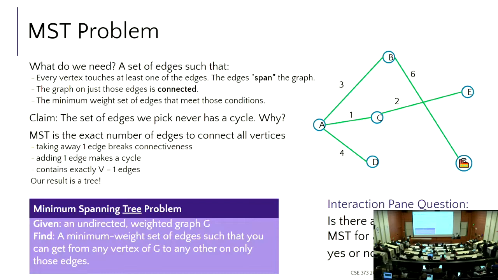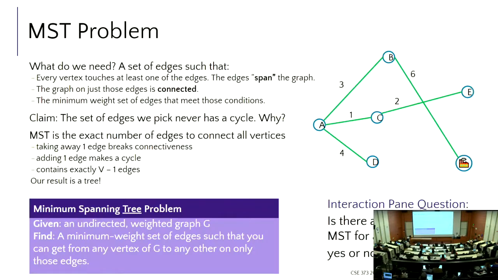So if I am guaranteed that one fewer edge will break connectivity, one more edge will probably make a cycle, because that will let me get back around to a vertex that's already connected, and that's not what I'm looking for. I do not want any cycles. So that means that the number of edges I am looking for is exactly V minus 1, the number of vertices minus 1.